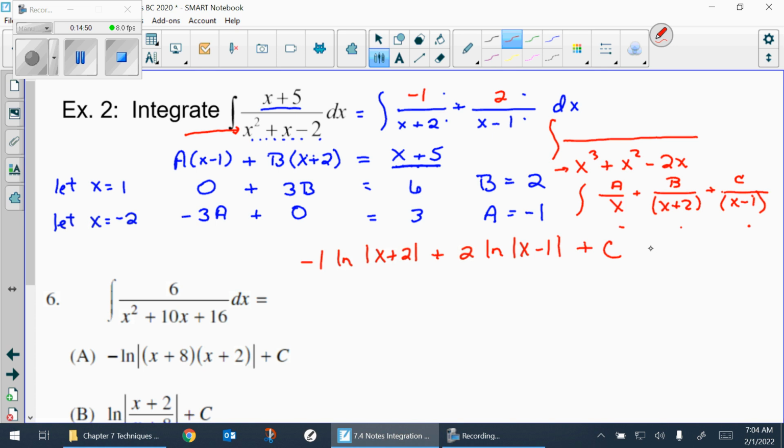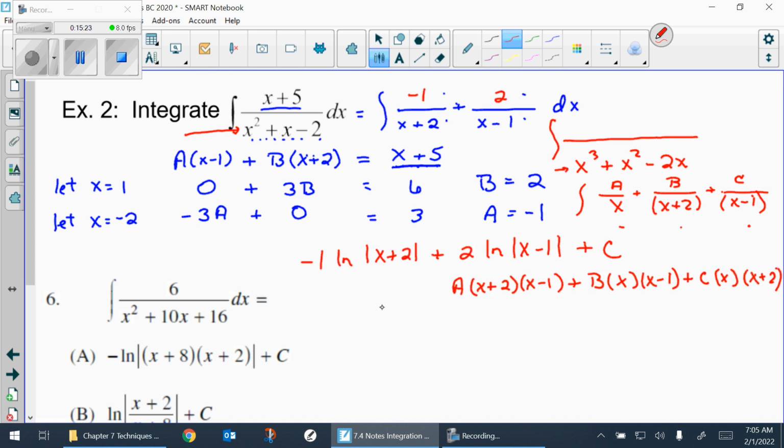And then I'd have a times x plus 2, common denominator. I'd have to multiply the a fraction by x plus 2, x minus 1. I'd have b times x minus 1. I would have c times x plus 2.